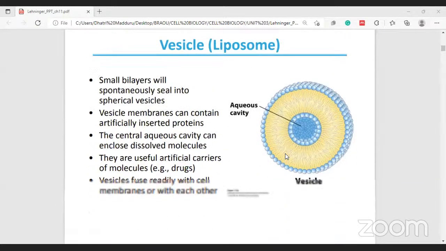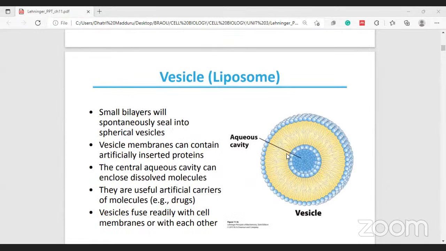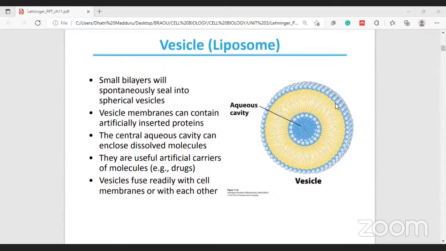But in the liposome, it is a bilayer. So you have a head group here, then a tail group. Again, here one head group and one tail group. These two tail groups are back to back. Both of them form a central hydrophobic region where they are not exposed to the water.